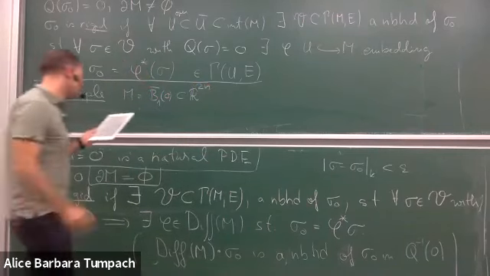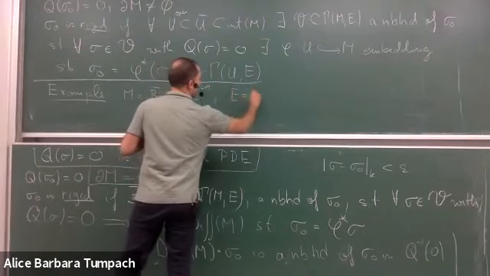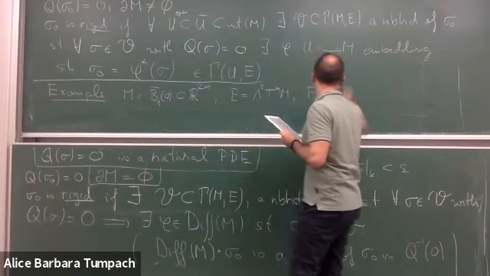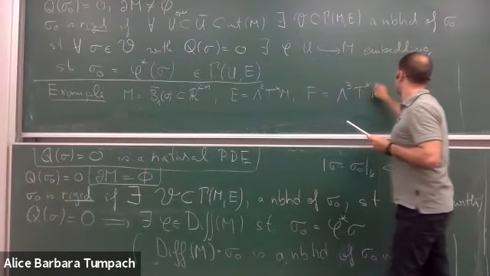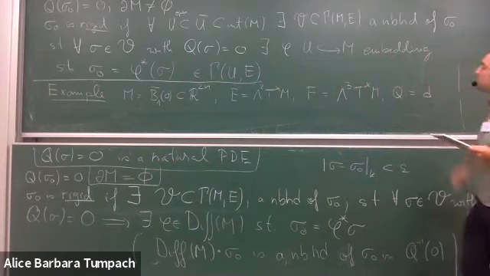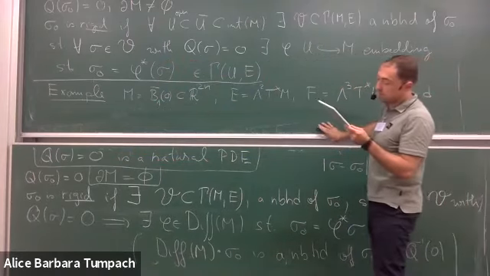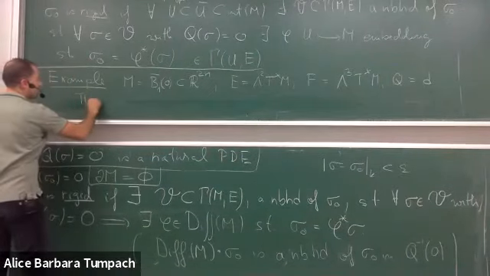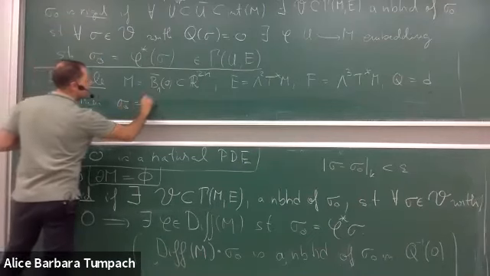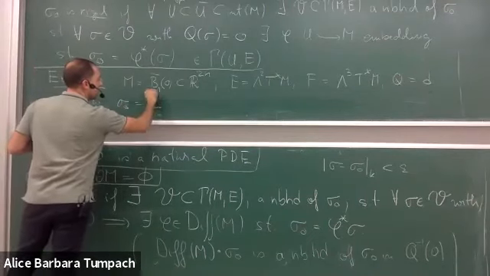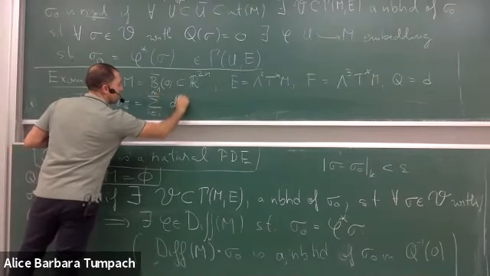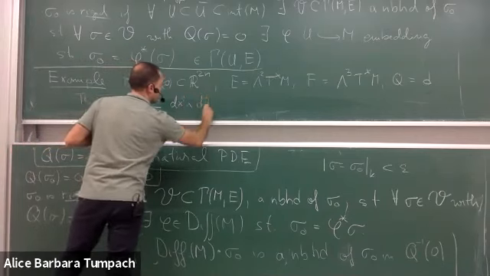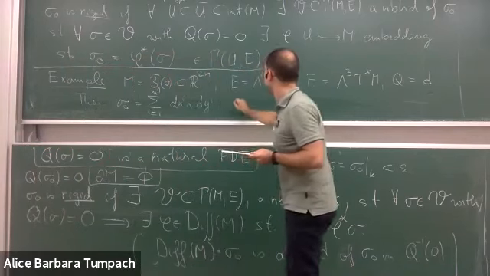And then we look at closed two forms, so E would be wedge 2 T* R^n, with Q the exterior derivative. And then sigma 0 is the standard symplectic structure. Then, as a conclusion, sigma 0, the standard symplectic structure, is rigid.